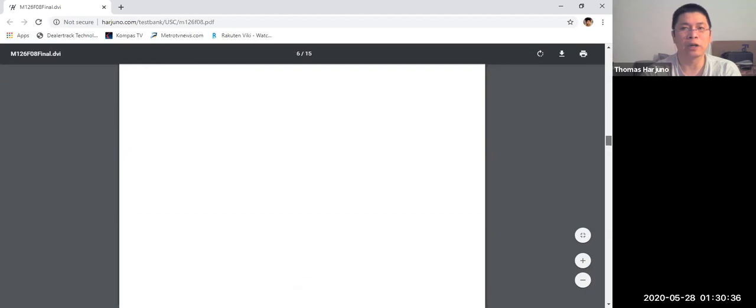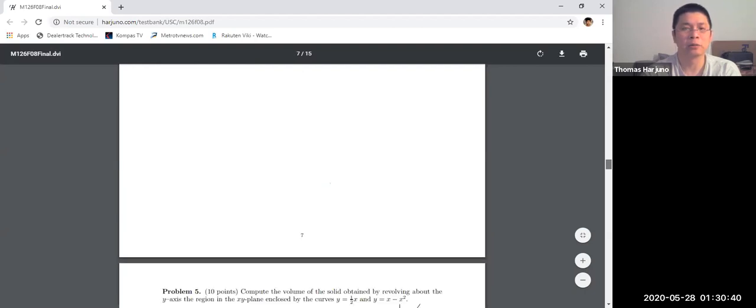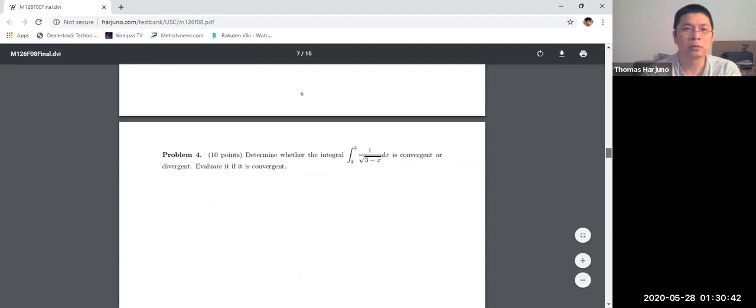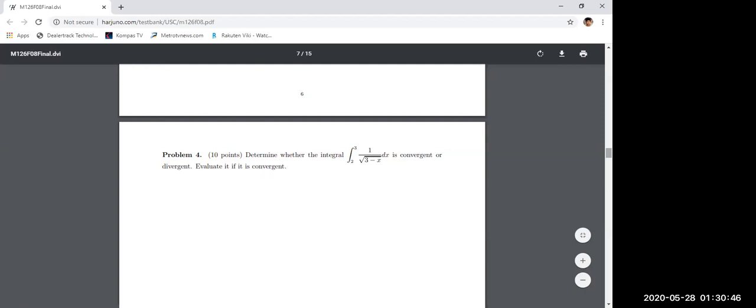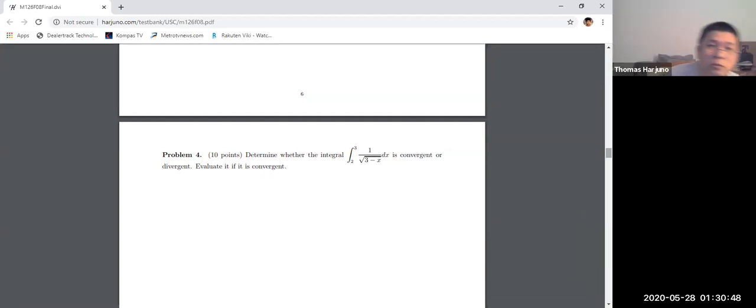Of course, they don't have parametric and polar, as I remember. They actually cover the same material as ours, but they have something else with work, I think. But they don't have center of mass.